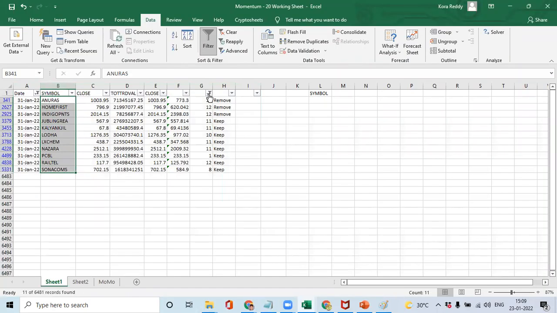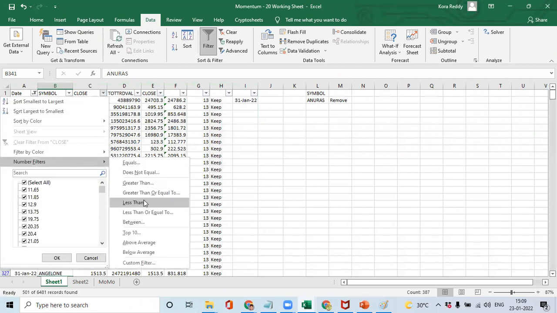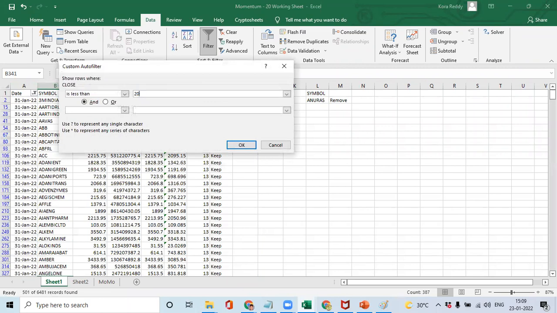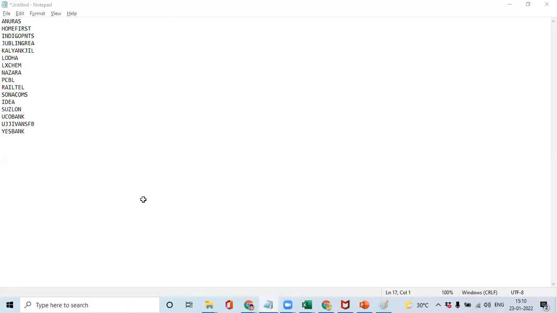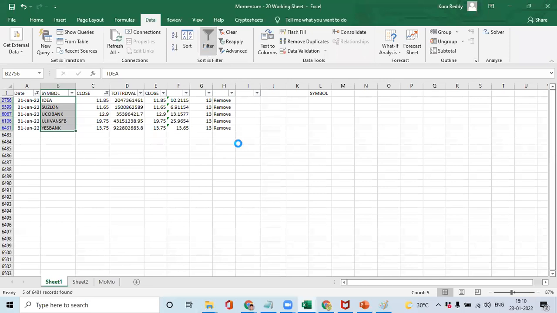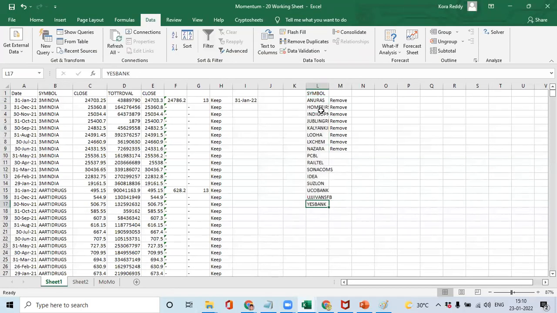And I don't want price to be less than 20. So this is another list. So remove all of them. So now the keep list is this one.